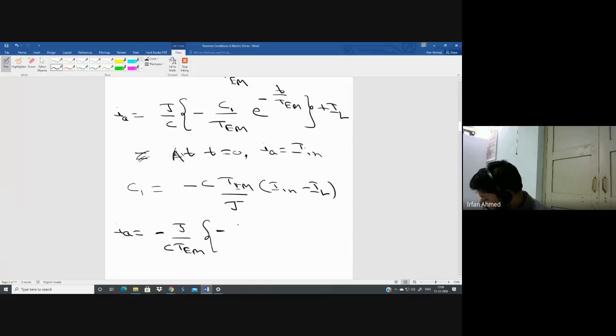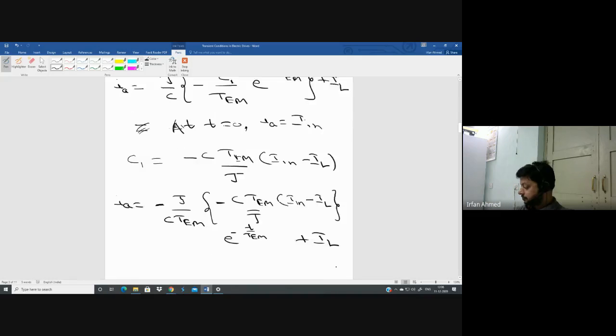C1 is minus C TEM upon J into IN minus IL multiplied by e to the power minus T upon TEM plus IL. Okay.